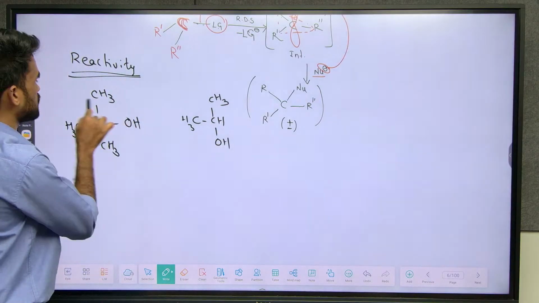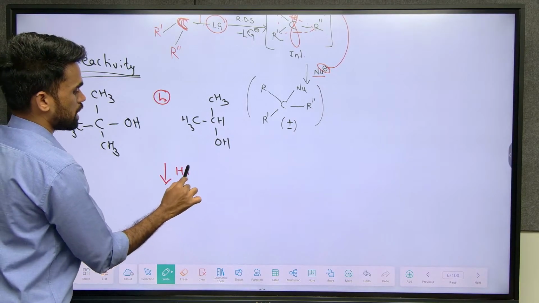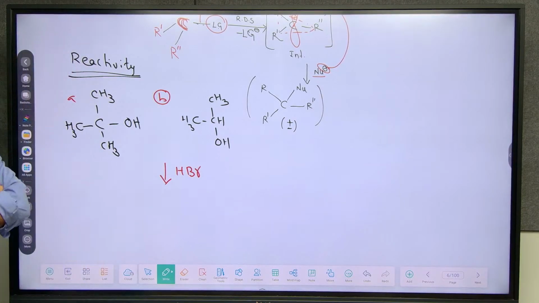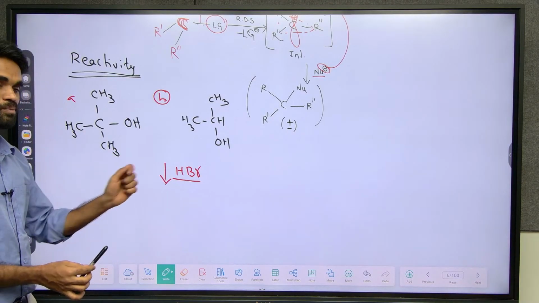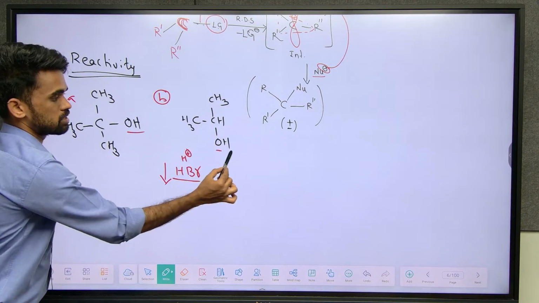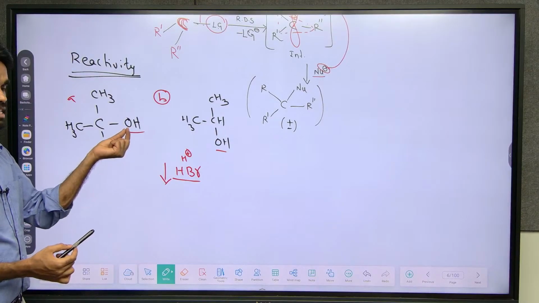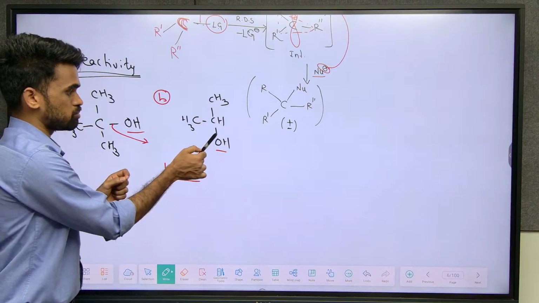So out of this A and B, which alcohol readily reacts with HBr, they will ask. Tell me. HBr means what? It is an acid now. What will it provide first? H plus. H plus is taken by these alcohols. If it is taking H plus, it comes out as water. If it is also taking H plus, it comes out as water.